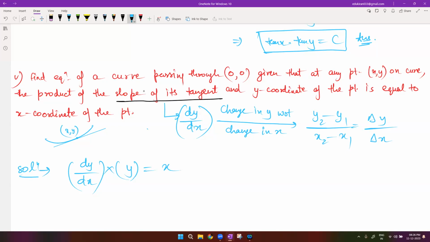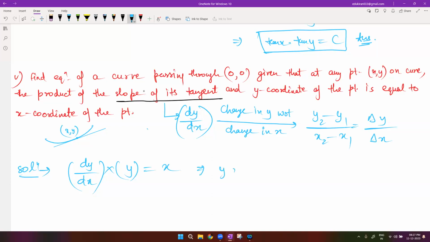So in a word problem, you will have to reach the differential equation yourself. That can be a problem here. I mean, the only problem in word problems is that you have to form the differential equation yourself with the given conditions. Now it can be easily solved.